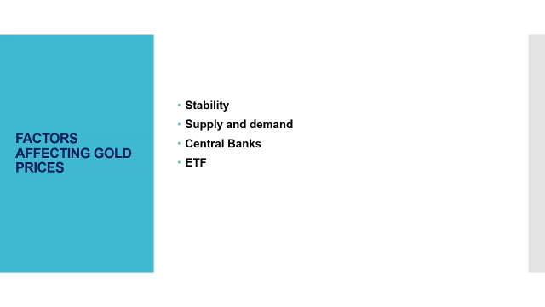Its price tends to rise in times of turmoil as governments and investors turn to it as a hedge against uncertainty. Inversely, gold prices usually drop in stable times as riskier yet potentially more profitable avenues of investment become more viable.